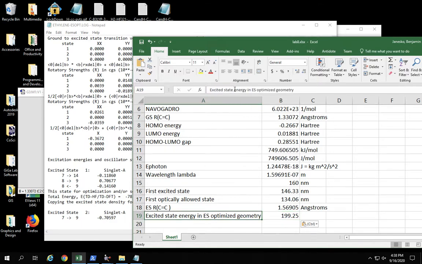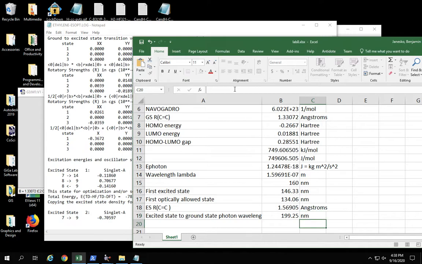And this is what we get. The shift is going to be the difference between this number and this number.